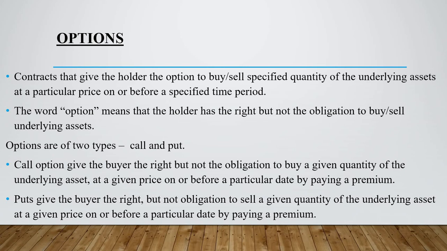Buying is purely optional for a holder. Second one is put, where the buyer will have the right but not the obligation to sell the given quantity at a future date and future price. Selling is purely optional, means he may sell, he may not sell, but there are no obligations. So when they have a choice or a right regarding selling and buying, such options are known as call in case of a buying option and put in case of a selling option.